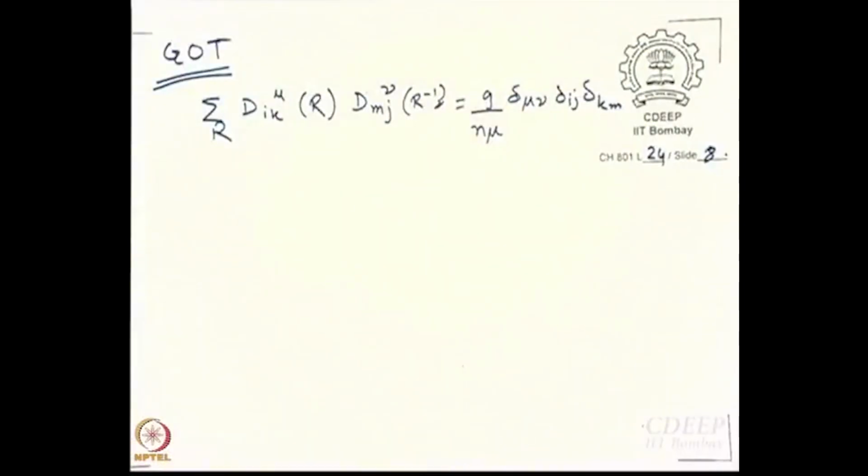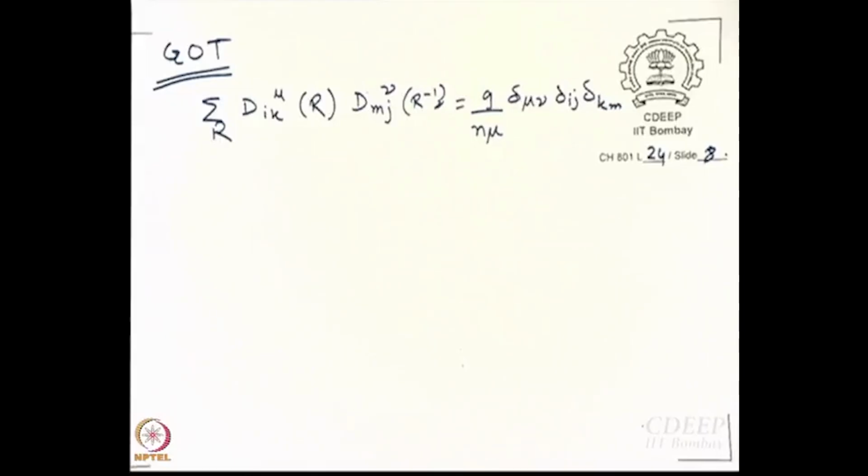What are these? Mu and nu once again are two different non-equivalent IRs. What had we written earlier? Earlier we had written that the order is h and l_i is the dimensionality.